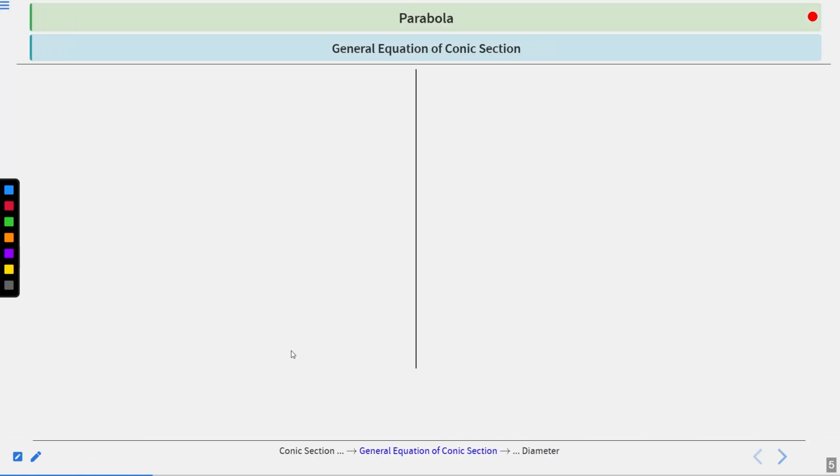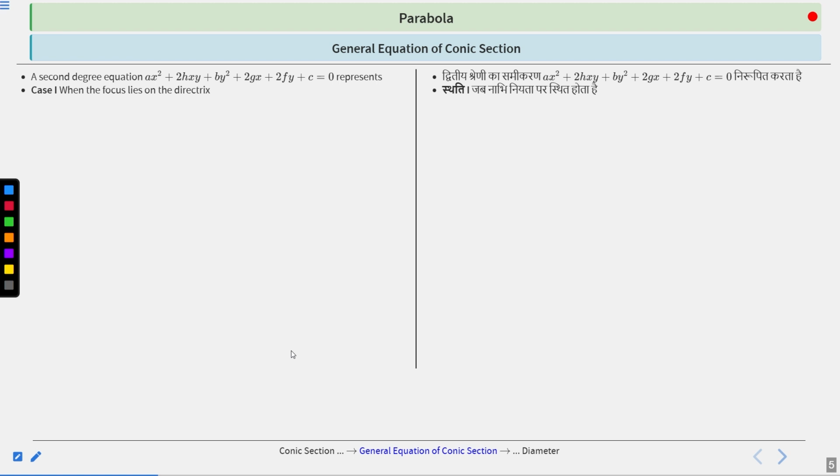Okay. So let's see the general equation of conic section. A second degree equation ax square plus 2hxy plus by square plus 2gx plus 2fy plus c equal to 0 represents, case 1, when the focus lies on the directrix, a pair of straight lines if delta, the determinant of ahg, hbf, gfc, is equal to 0.